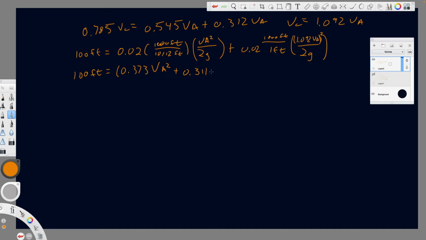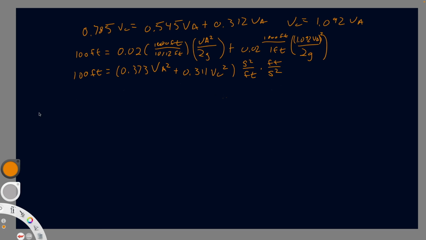No, I guess that was VC, but I hadn't made the substitution yet. So that 1.092 needs to still be substituted into that quantity. And then we have our 2G, right? We've already divided that out, so that's going to leave us with units of second squared per foot, which makes sense because these are going to be velocity squared, right? So that's going to be feet squared per second squared.